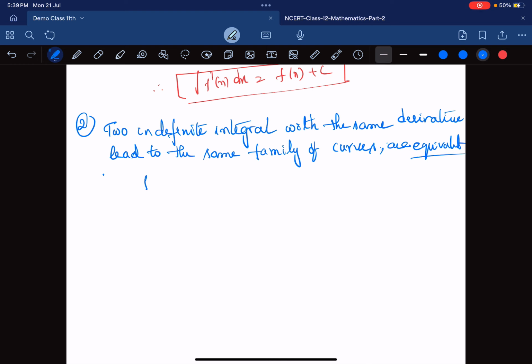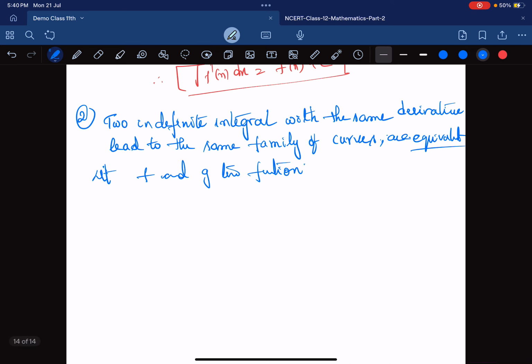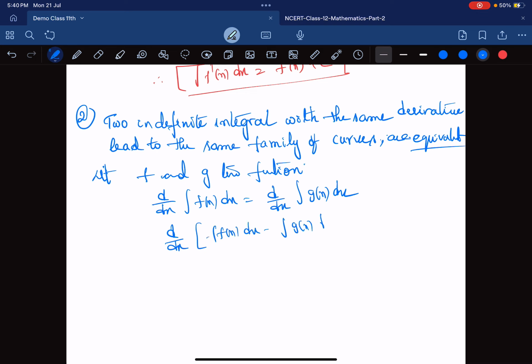That is, let f and g be two functions such that d by dx of the integration of f of x dx is equal to d by dx of the integration of g of x dx. If you take it inside, d by dx of the integration of f of x dx minus the integration of g of x dx is equal to 0.